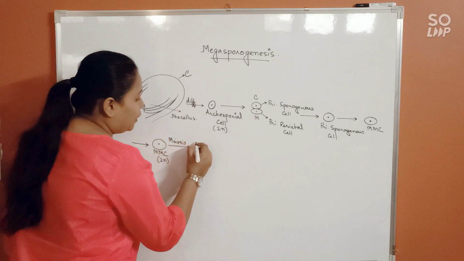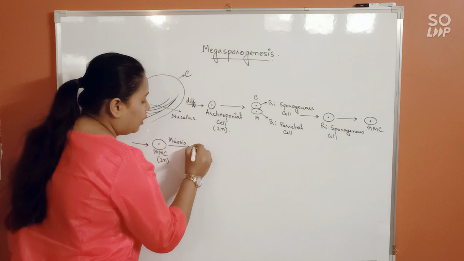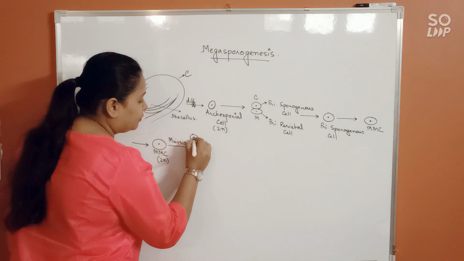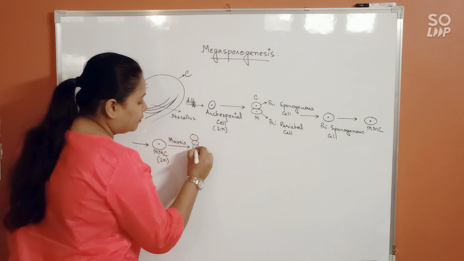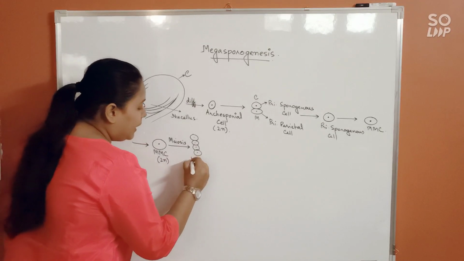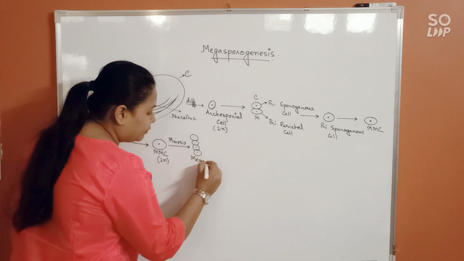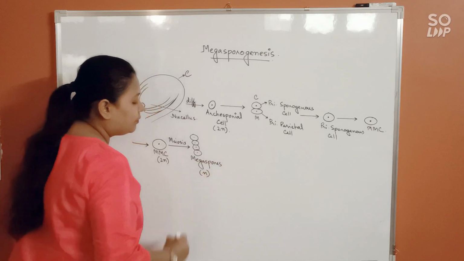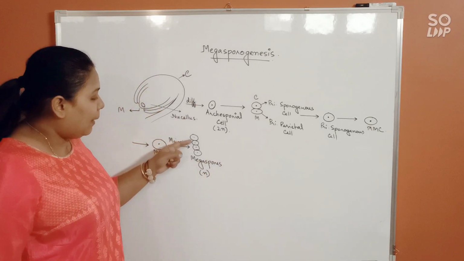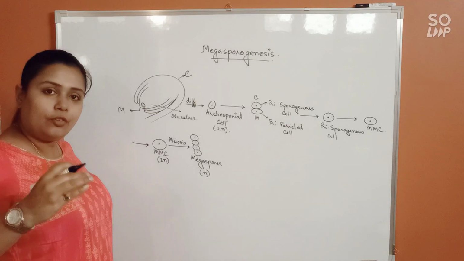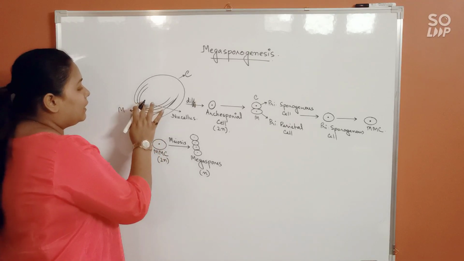As it undergoes meiosis, it will give rise to 4 haploid megaspores, because the 4 haploid megaspores are going to be linearly arranged, alright? They are going to be linearly arranged like this.